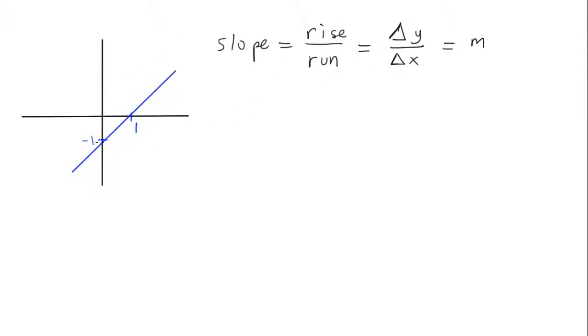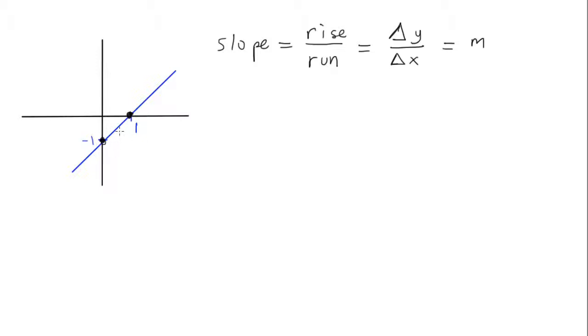So what is the rise and run in delta y, delta x? Well, if we look at our line and we pick 2 points, as I did here, what we want to do is look at how far up did I go from this point as I moved to this point, and that number could be negative, meaning I went down, and how far to the right did I go.